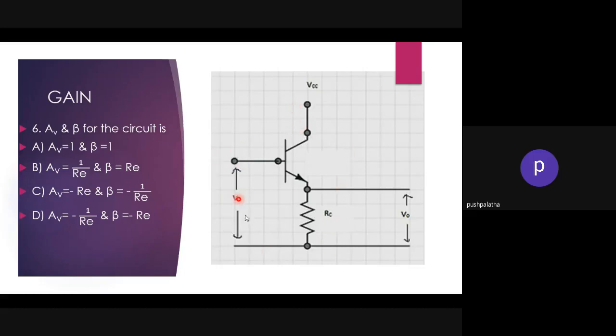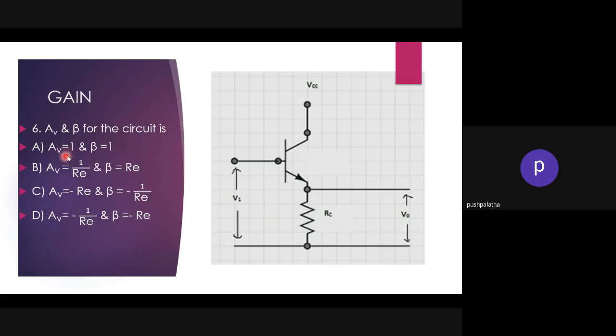Okay, this is a common collector circuit. So, what is the significance of a common collector circuit? It is a unity gain amplifier, right? Unity gain amplifier, that is, output follows the input. Now, from this itself, I got it as what?